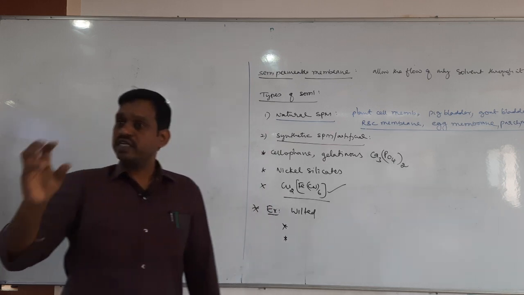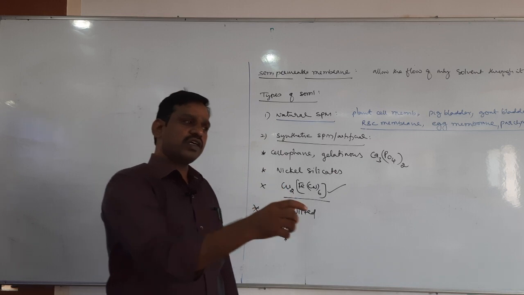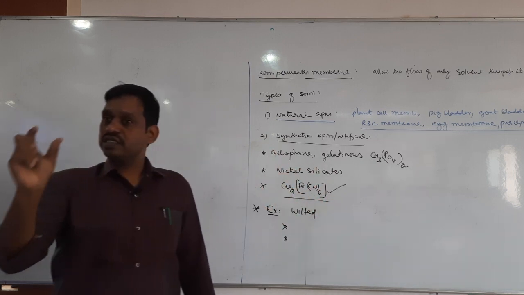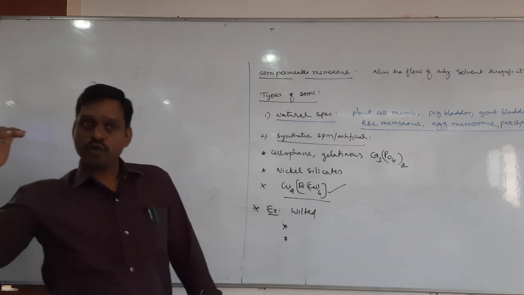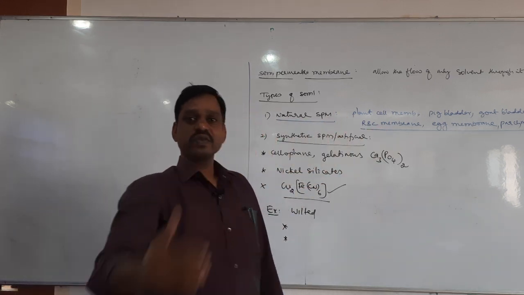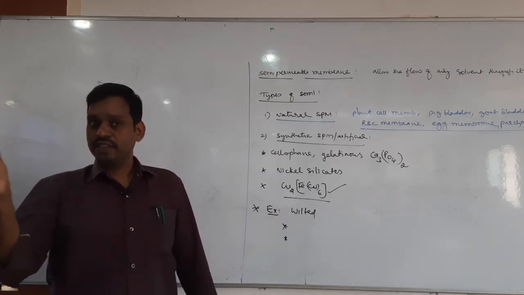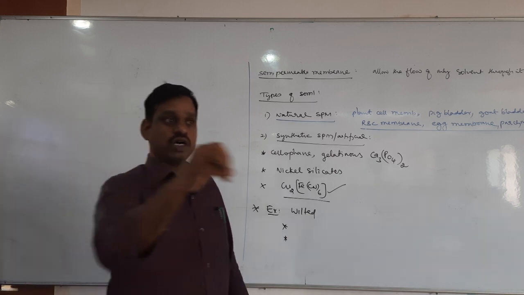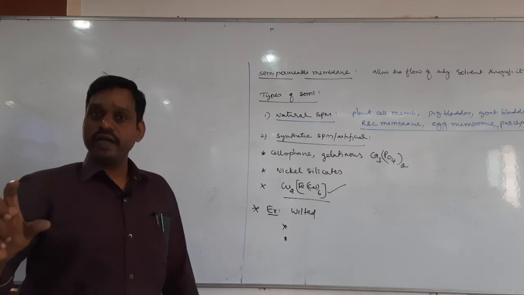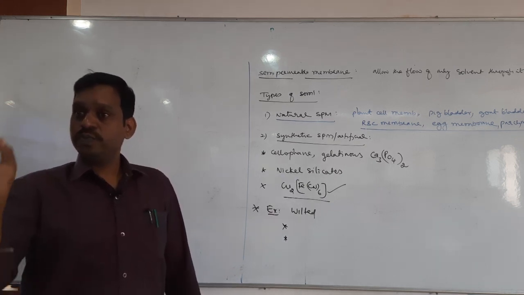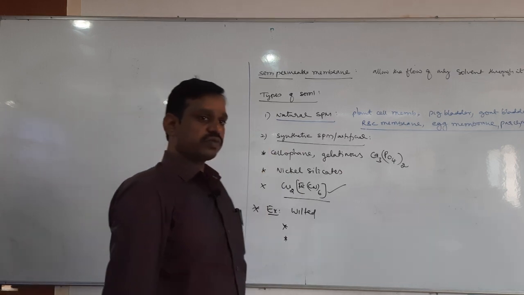Those small pores allow the flow of only smaller particles, which are the solvent particles. The particle size of the solute is larger, and larger particles cannot pass through the small pores. That is the reason semi-permeable membrane has small pore size which permits the flow of only solvent particles.